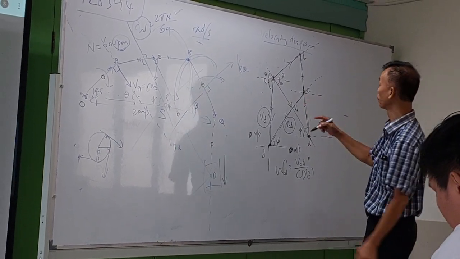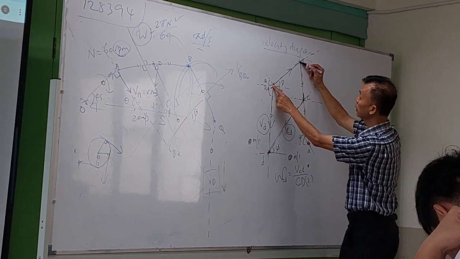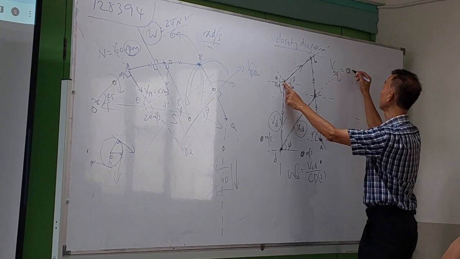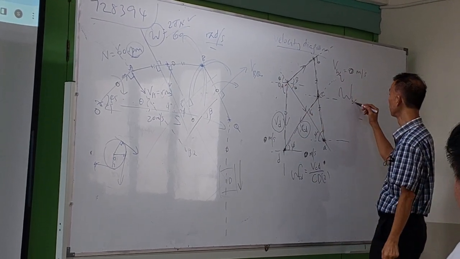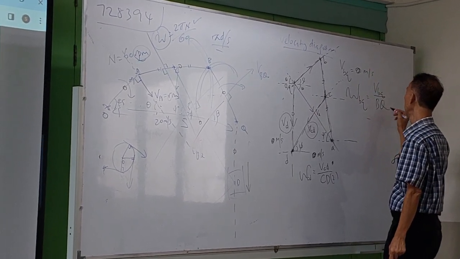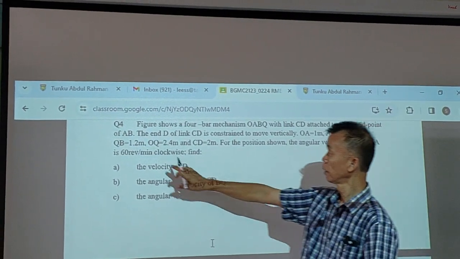Then the PQ. Measure here, and you get the answer. This is the PQ. You want the angular velocity for PQ. So this is VPQ over PQ. This value here, and this PQ is 1.2, so it's given.